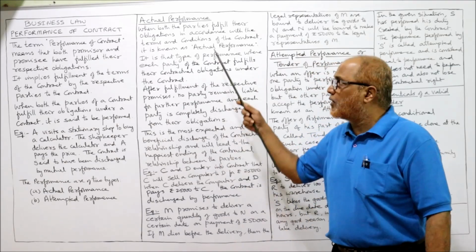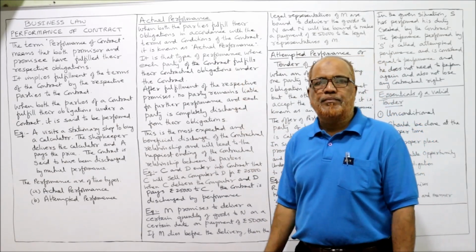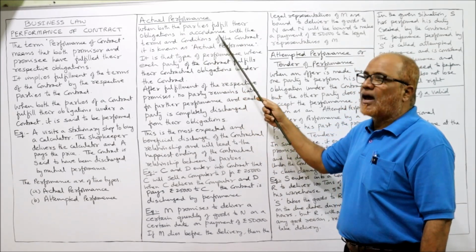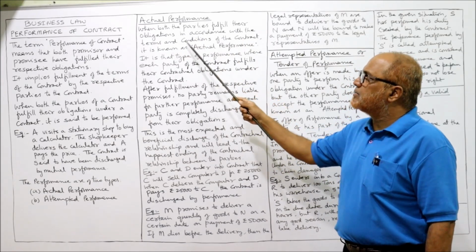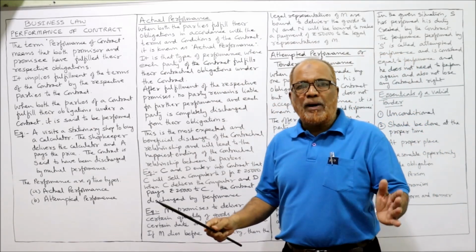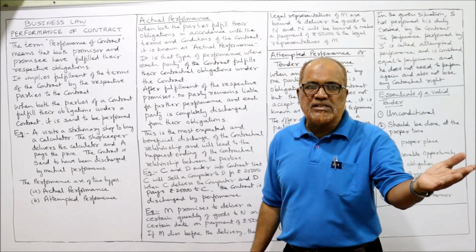Now first of all, I am going to explain to you about actual performance. See here. When both the parties fulfill their obligations in accordance with the terms and conditions of the contract, it is known as actual performance. Two parties are there, promisor and promisee.